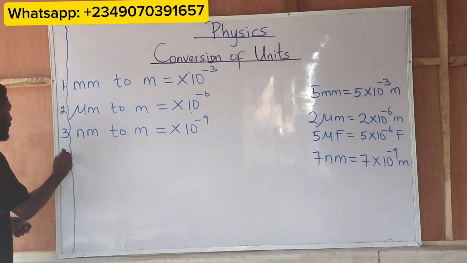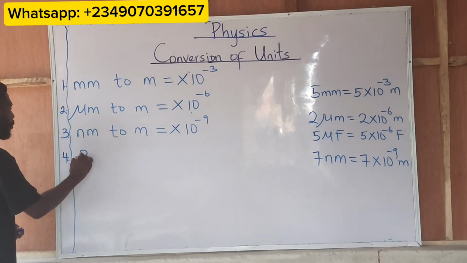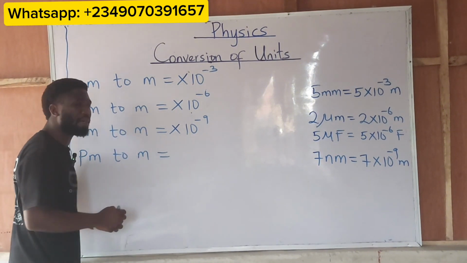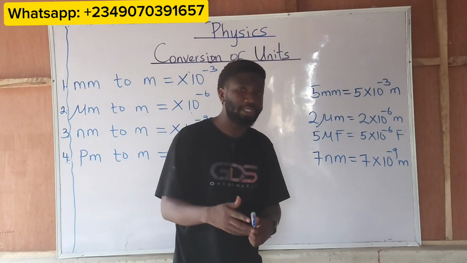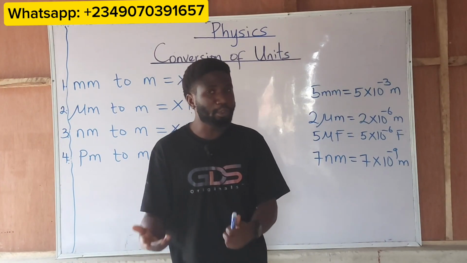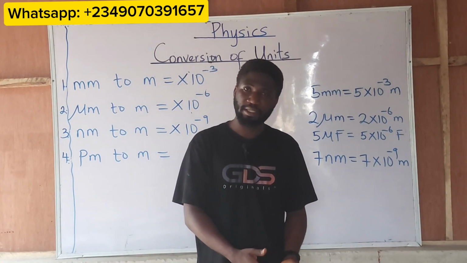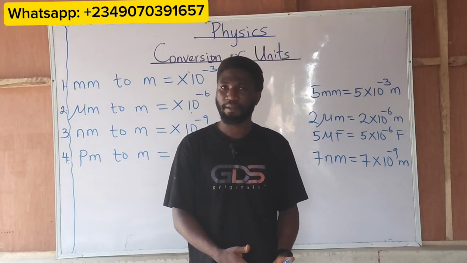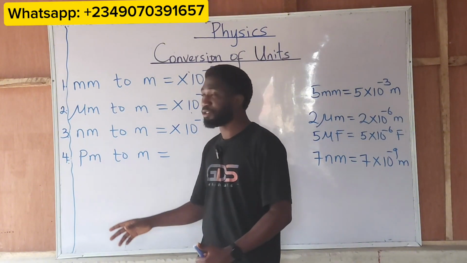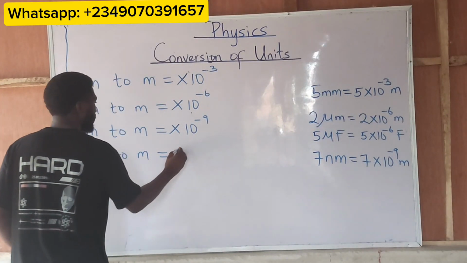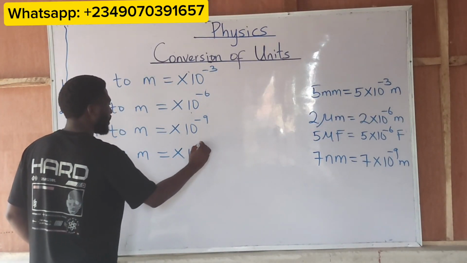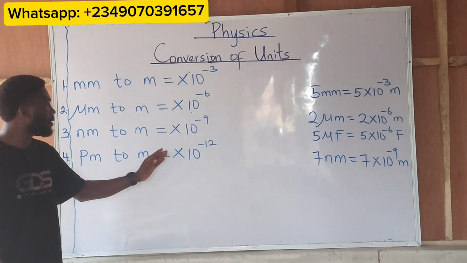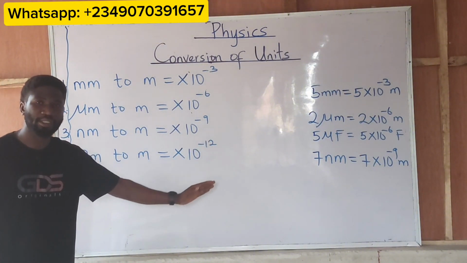So we've discussed milli, micro, and nano. The next one here is pico. If I'm changing picometer to meter, it can also be picofarad to farad. So changing picometer to meter, this will be times 10 raised to power minus 12.